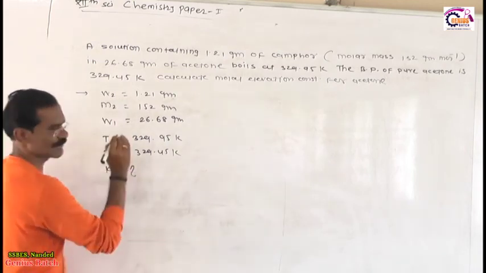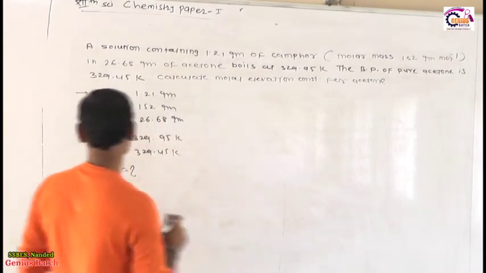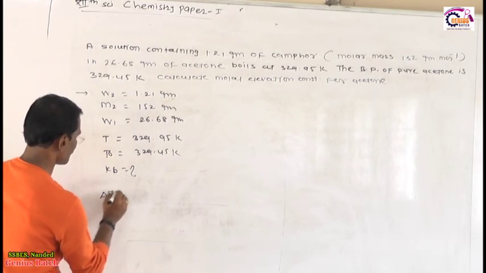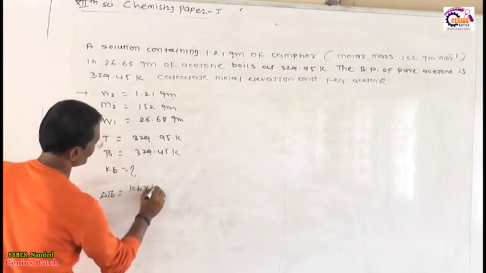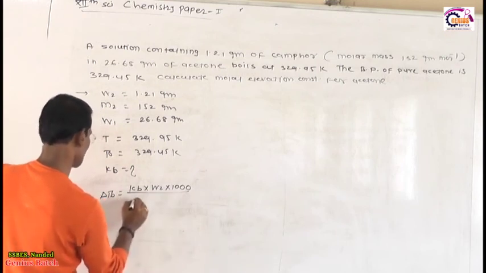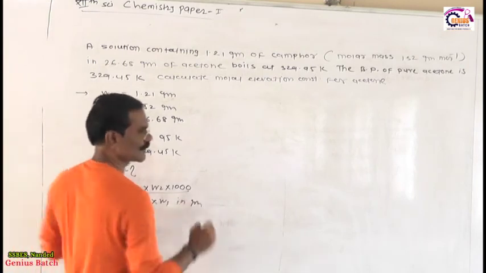They are asking you to calculate Kb. So how to calculate Kb? You know the formula: delta Tb is equal to Kb into W2 into 1000 divided by M2 into W1, with W1 in gram.